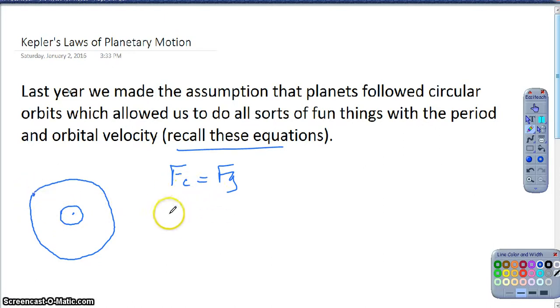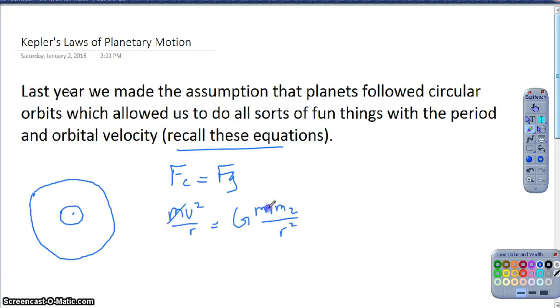So my centripetal force, which is mv squared over r, needs to be equal to, again, the universal force of gravity, so G m1 m2 over r squared between the two bodies, between the two objects, right? So then cleaning this up a little bit, I can solve for the orbital velocity. I can solve for the velocity needed.